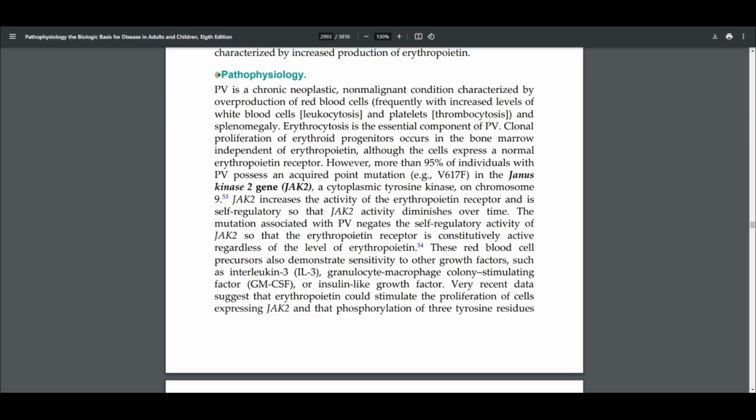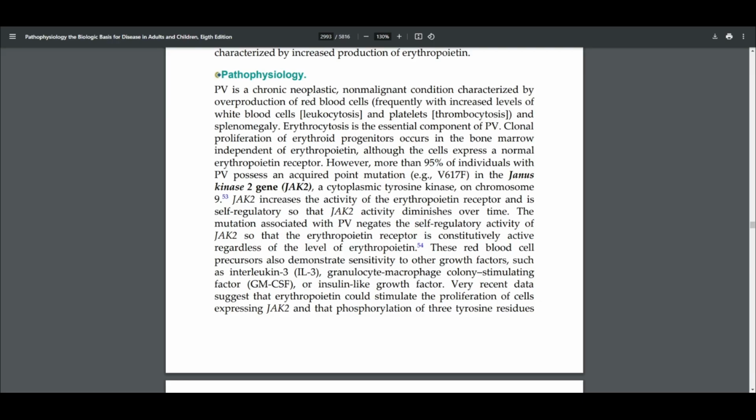or the JAK2. A cytoplasmic tyrosine kinase on chromosome 9, JAK2 increases the activity of the erythropoietin receptors and is self-regulatory so that JAK2 activity can diminish over time. The mutation associated with PV negates the self-regulatory activity of the JAK2 so that the erythropoietin receptor is constitutively active regardless of the level of erythropoietin.